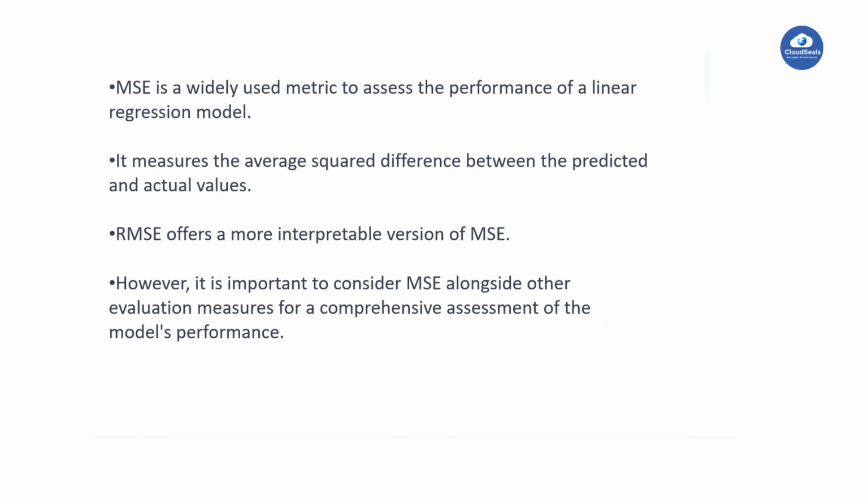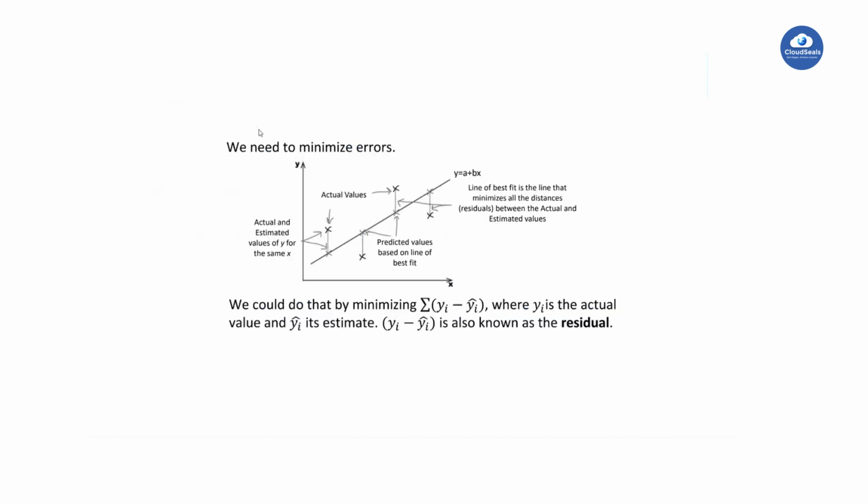No, ma'am. MSE is the widely used metric to assess the performance of the linear regression model. I already told you, in classification, if the value is 0.5 or 0.9, it automatically says it is 1. If the value is 0.4 or 0.23, it automatically says it is 0.